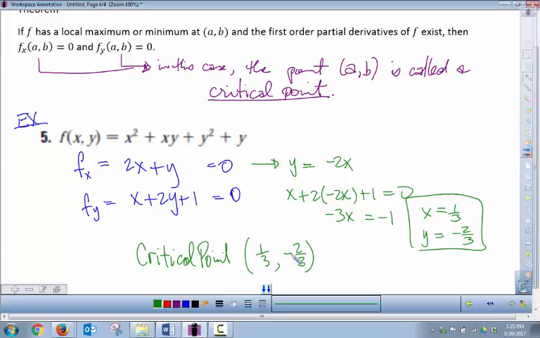So if you have a nice graph, then you get one critical point. But chances are you're going to get something that's a little bit stranger, and it could take a little bit more information. But that's a general idea of finding critical points. Okay? We'll do a couple more examples later when we introduce the second derivative test.